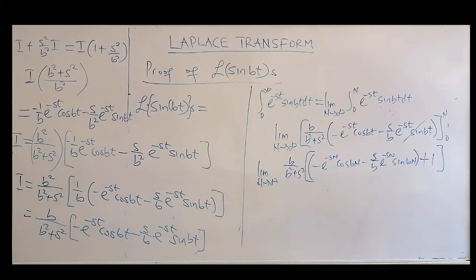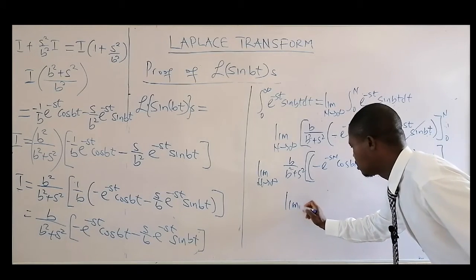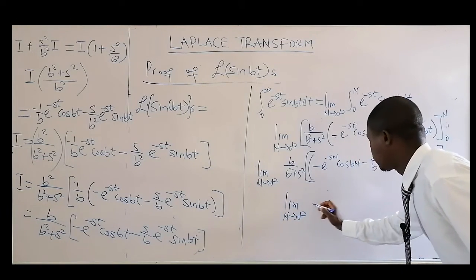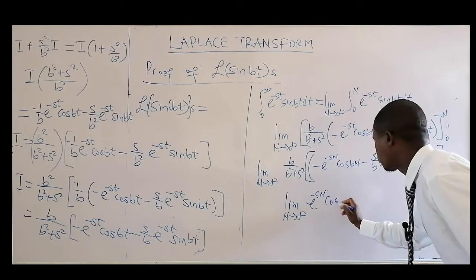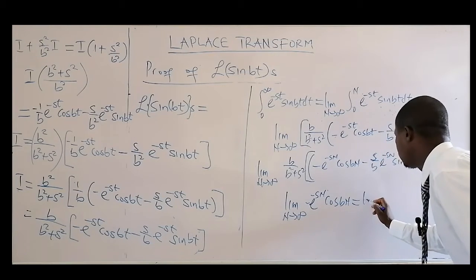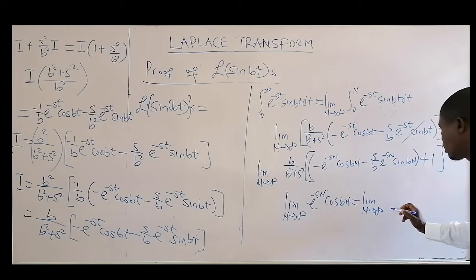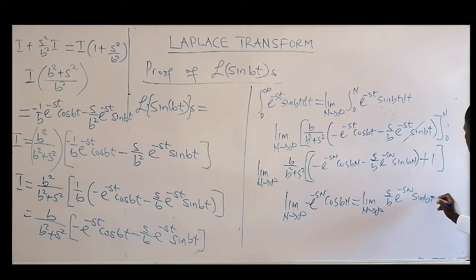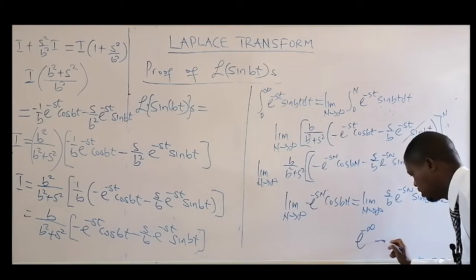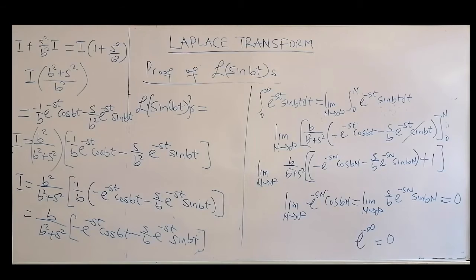And don't forget that the limit as n tends to infinity of this function, minus xn cos bn, is equal to the limit as n tends to infinity of x over b xn sine bn, and they both equal 0. But don't forget that the limit of e to the negative infinity is 0. Okay, x times infinity is infinity, so that's 0.